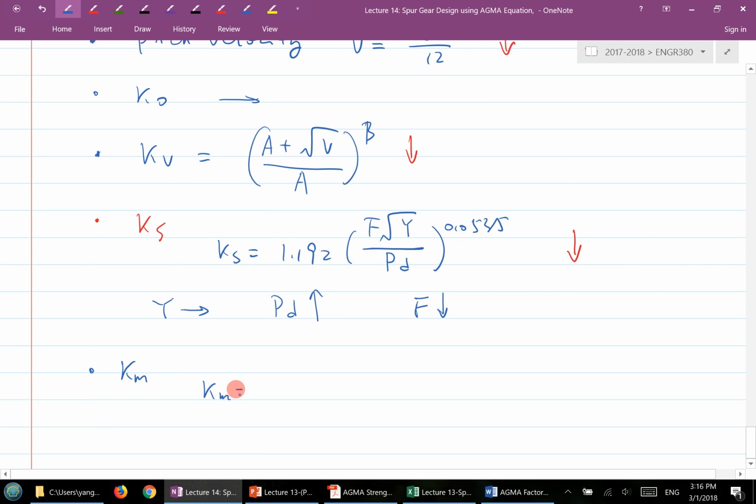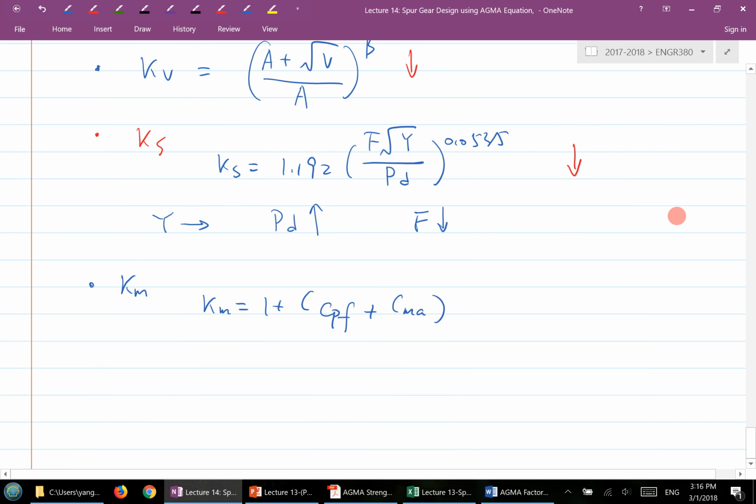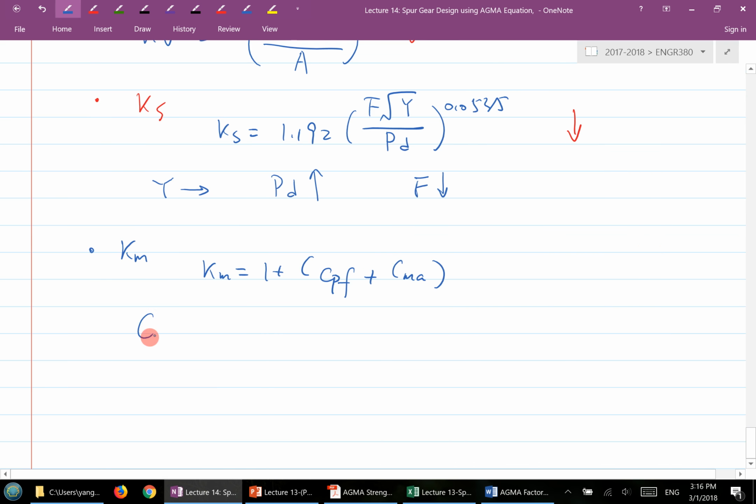And finally there's another one here, the misalignment factor Km. This one is a little bit complicated because it involves a few more factors. This is the original formula for Km, and CMA is equal to A plus BF plus CF squared. So CMA depends on the face width F. If F goes down, then CMA will go down, right?